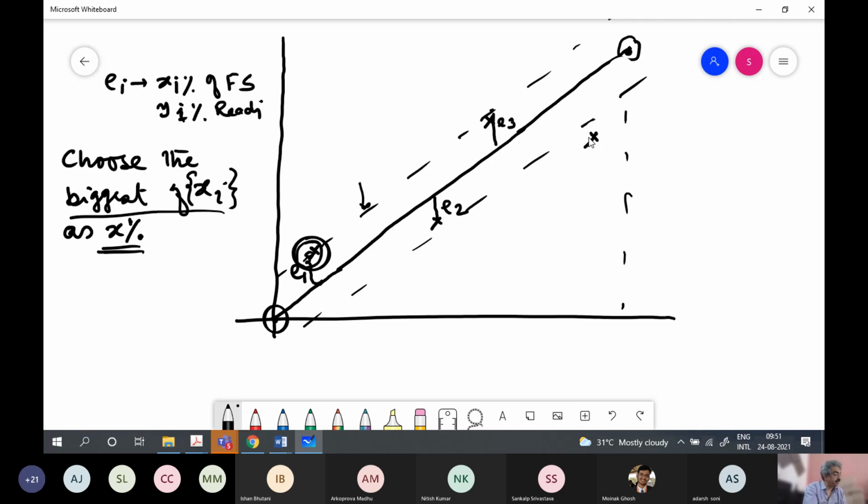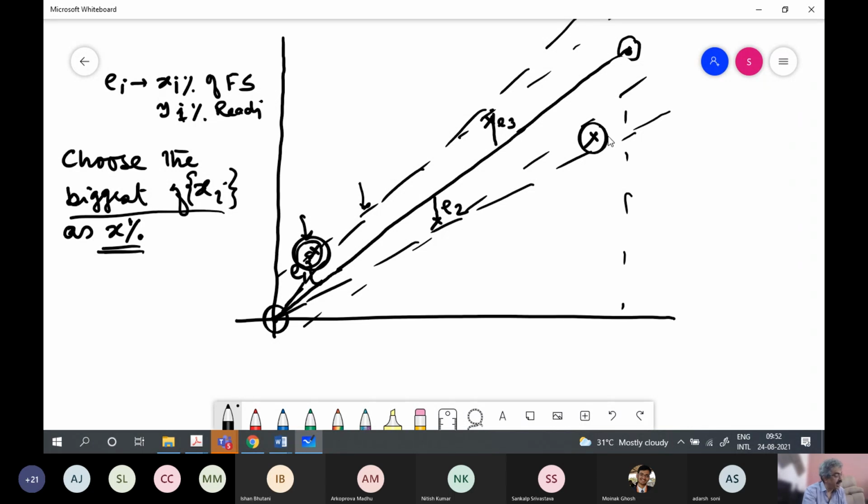Then, suppose this reading was here, and then if I choose X% of this, then it will fail the X%. But who knows? Maybe my Y% of reading cone is like this. Possibly my Y% of reading cone would have been like this.